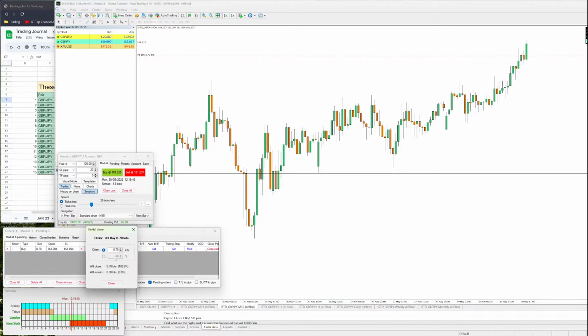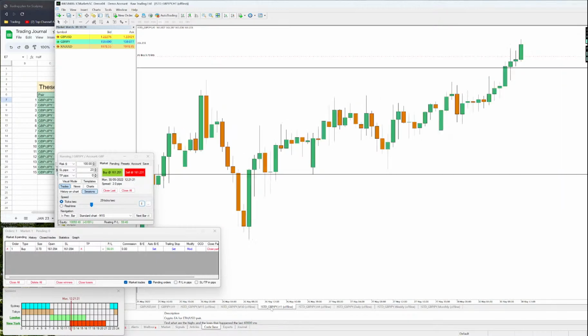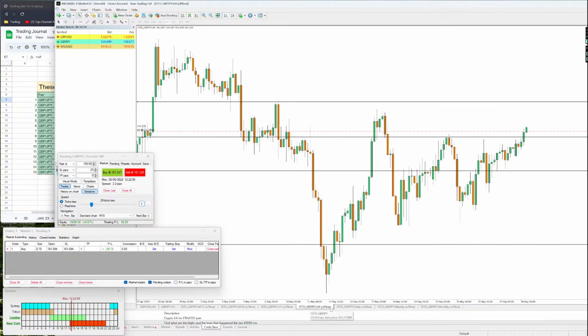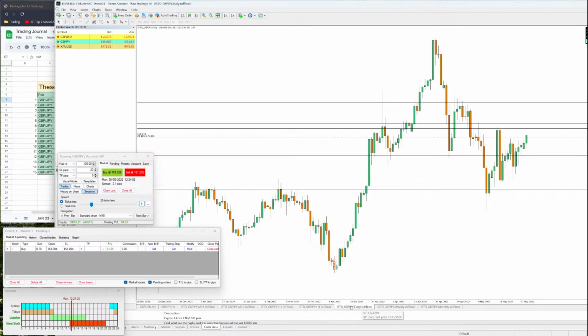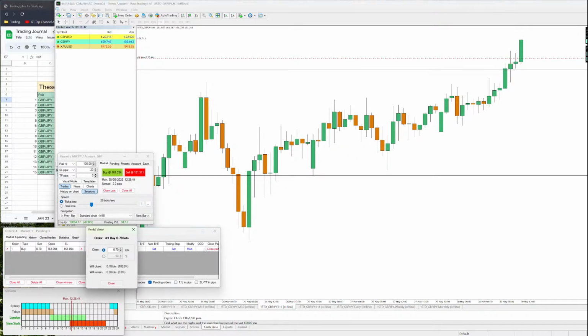Maybe I'm gonna close only 20% here, or no, I'm just gonna let this run. Let's see if this will run or not. We are risk-free basically on this trade. Let's see if we can get that push. Once we get 1%, 70, 76, 78, 84, 94.